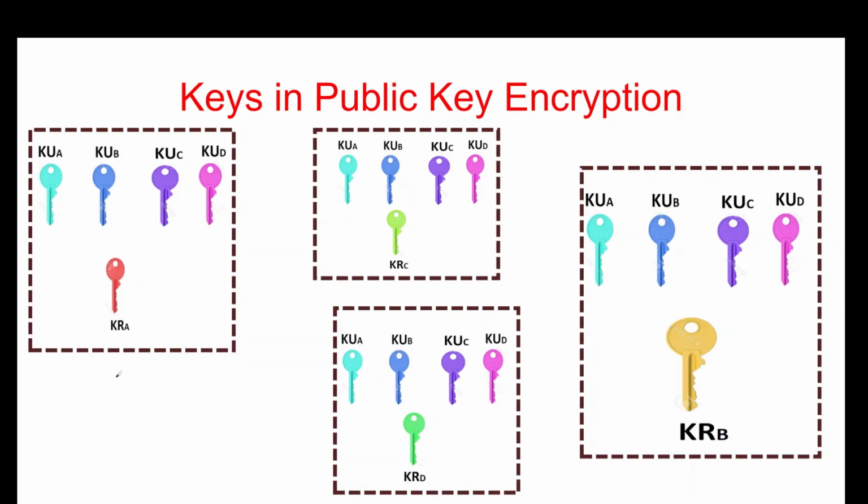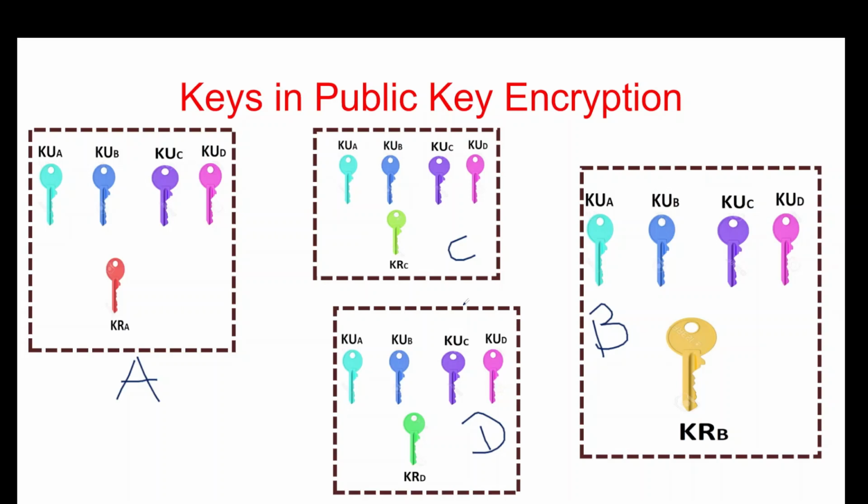Now this first box is for user A. User A knows the public keys of all the users. This is for user B, this is for user C and this is for D. Public means it should be available and known to all. So in the user group A, B, C, D, the public keys of all four users are known to all others.